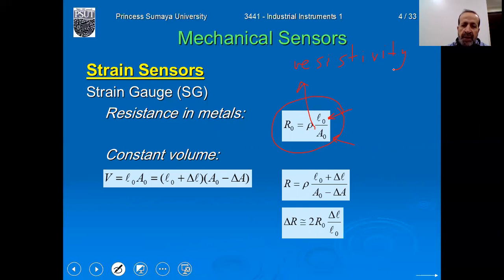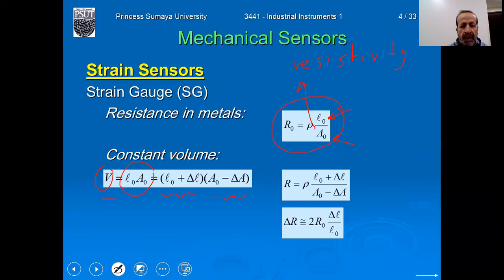As we increase the stress, we increase the strain, which means increasing the length. Increasing the length here, the area will be decreased to preserve the volume. The volume of the rod should be constant. So the original volume is equal to L0 times A0. This is the original volume.